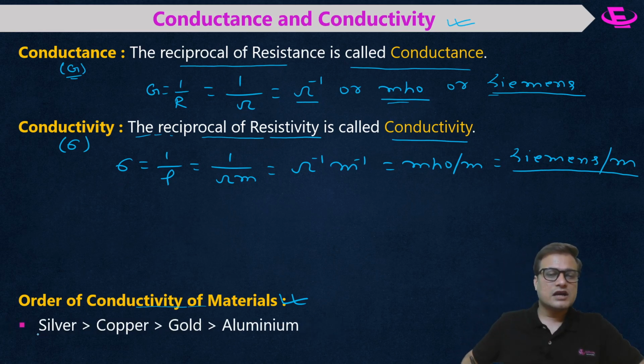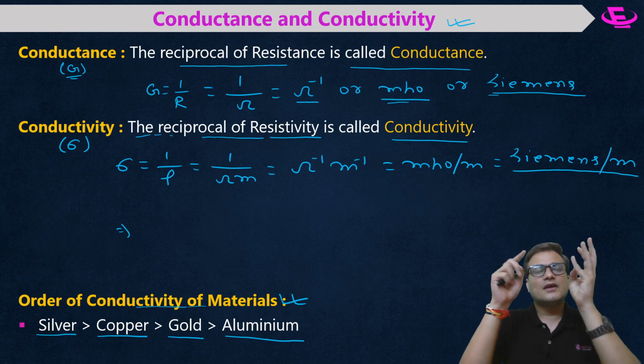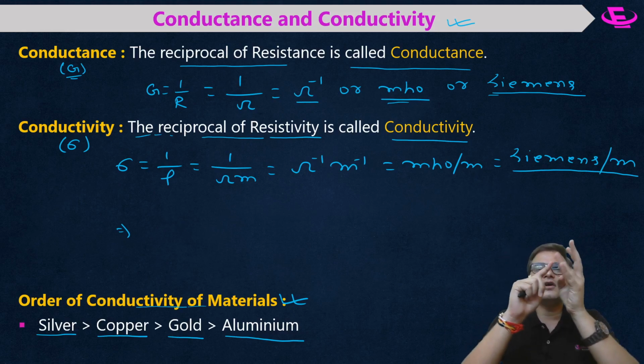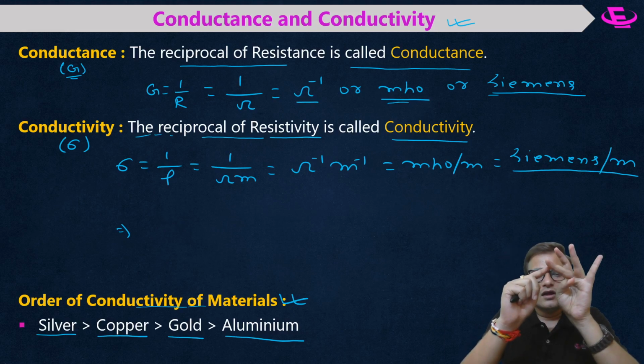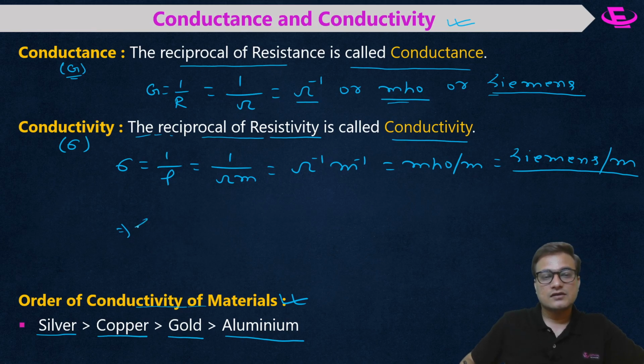Let us see the order of conductivity. Four materials are given. Silver has the highest conductivity. After silver, copper, then gold, then aluminium. Clear? If they give you three materials, silver, gold, and copper, and ask which one is the best conducting material, what will you say? Silver.